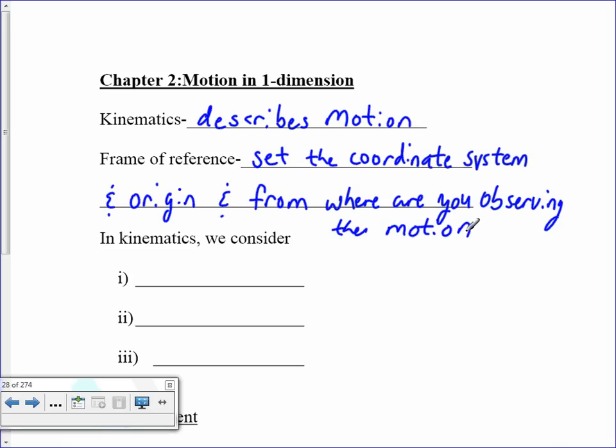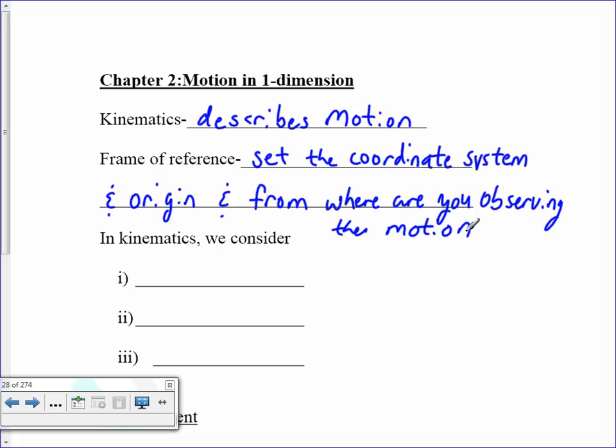So for example, are you observing the motion from a stationary point in space or from a moving point in space? So let's say I see a car traveling down the road. If I'm standing on the side of the road, that car is going to appear much differently than if I'm driving in a car going in the opposite direction. So we'll get into that a little bit with relative motion.